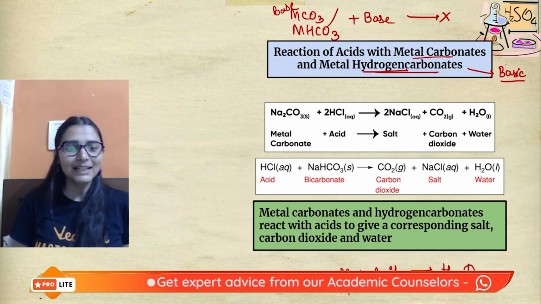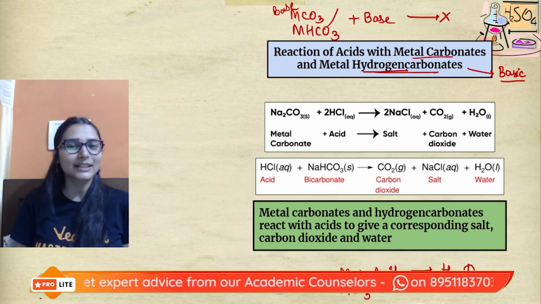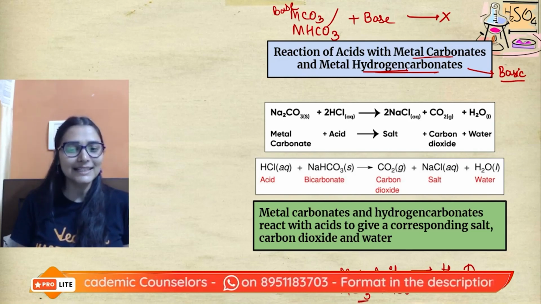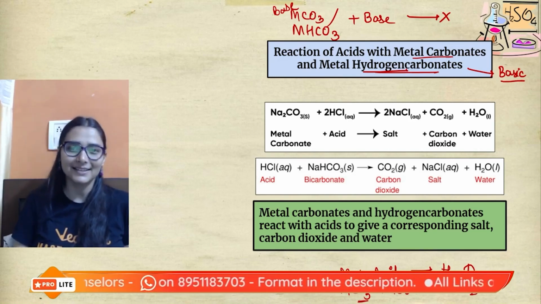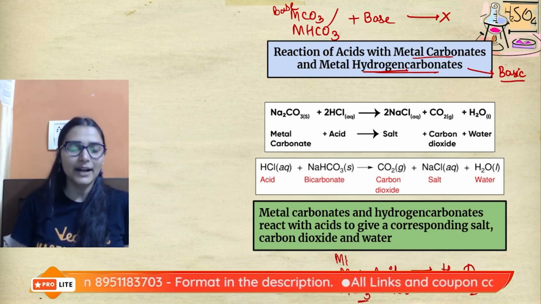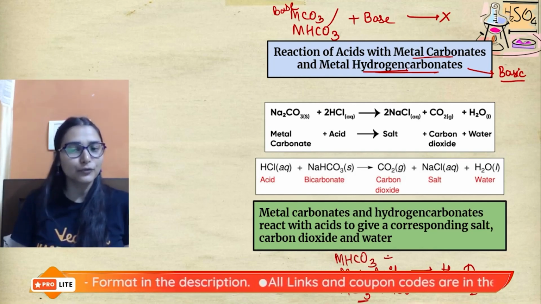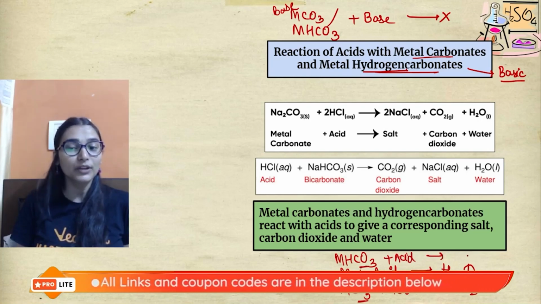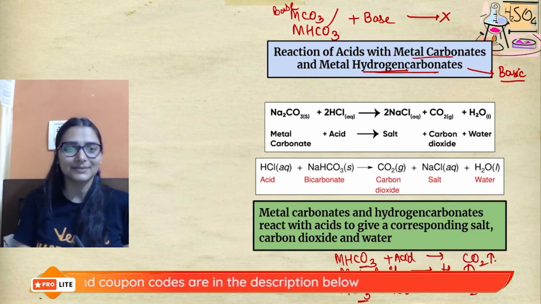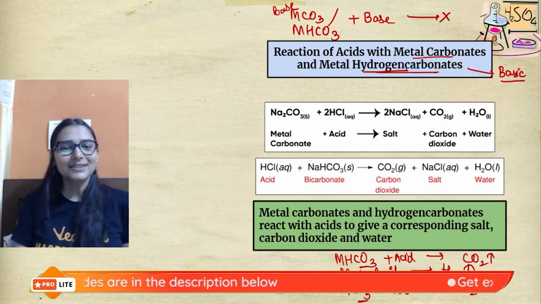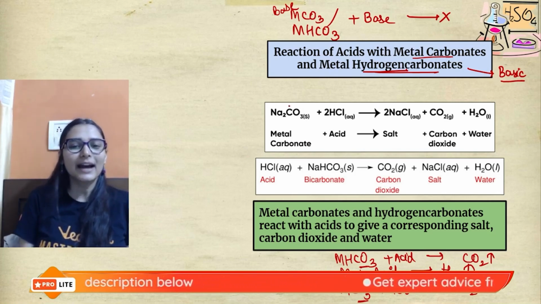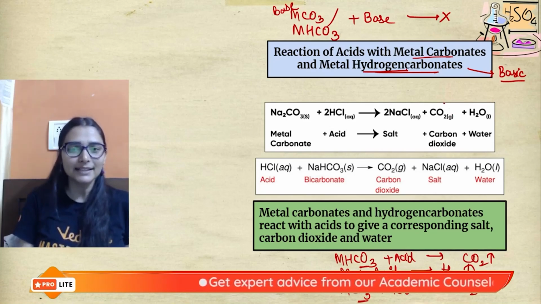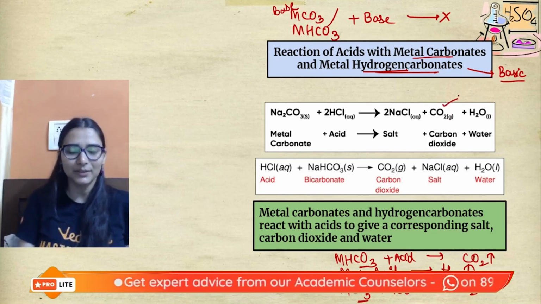But when a metal carbonate reacts with an acid, तो नाम से ही पता चलेगा, this carbonate releases carbon dioxide gas. Similarly, if you are having metal bicarbonate, वो अगर acid से react करेगा, similarly bicarbonate gives CO2 gas. है ना? So it's very simple. Like sodium bicarbonate or sodium carbonate reacting with acid, तो एक gas would be CO2 simply.